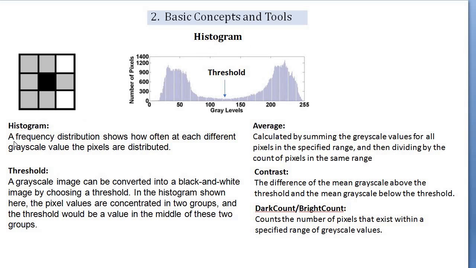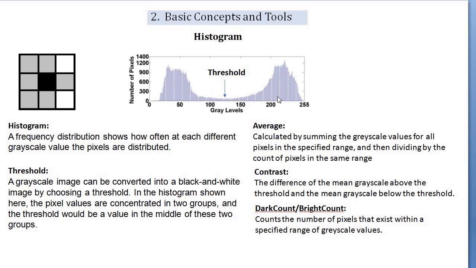The histogram is a frequency distribution, which shows how often the pixels are distributed at each different grayscale value. And now we can take a look at the concept of threshold. If we observe the shape of a histogram, it typically has one or more peaks. Suppose that there are 2 peaks. One is the bright group, and the other is the darker group.